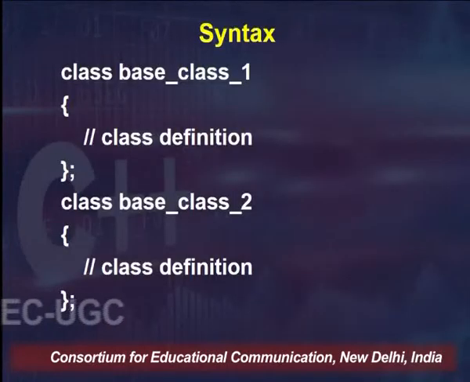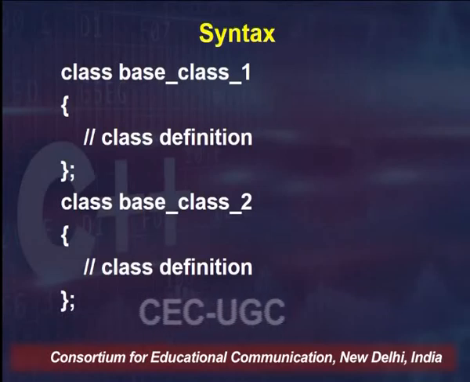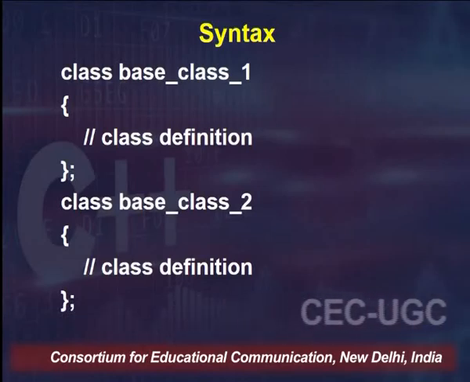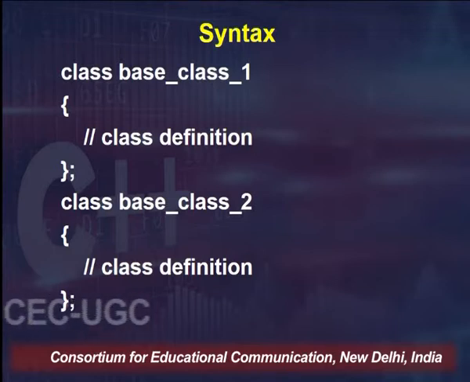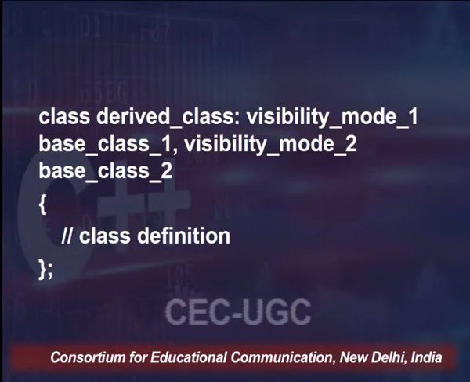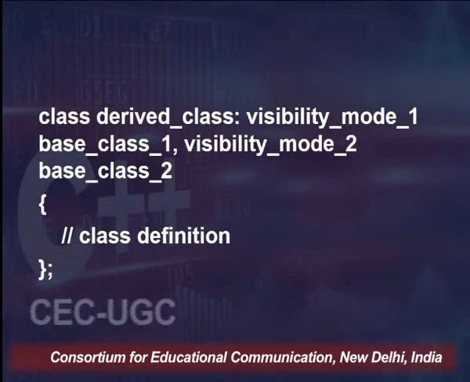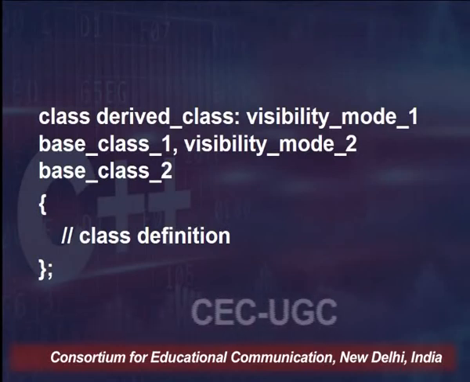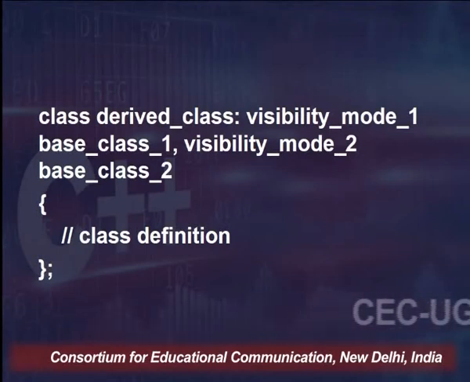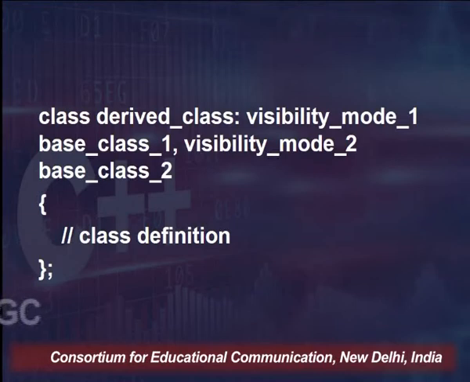Now let us see the syntax. So here we have a class base class 1 and its definition, another class base class 2 and its definition. Now we have 2 base classes, base class 1 and base class 2, and whenever we define a derived class which requires inheriting these 2 base classes using different visibility modes, we will say in the syntax: class, name of the derived class, let us say derived class, then colon, visibility mode 1.